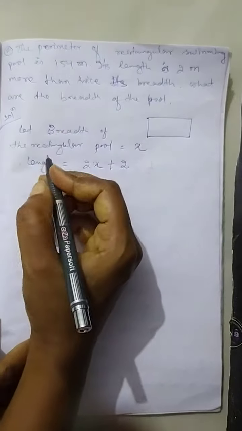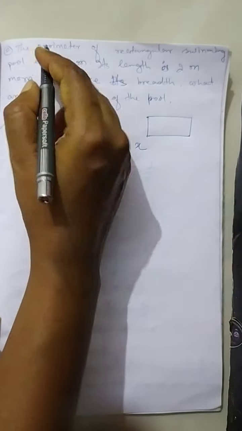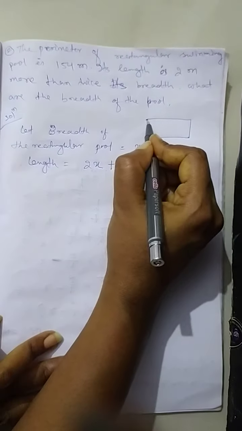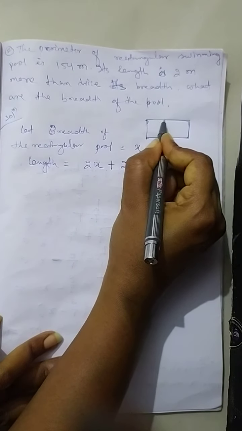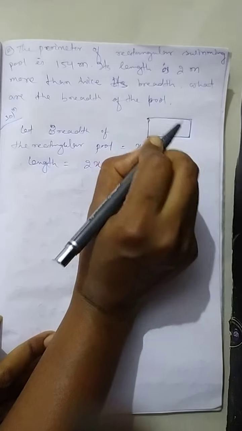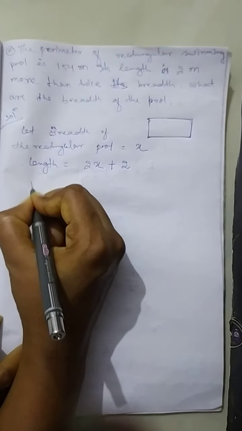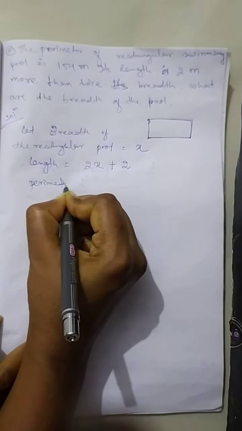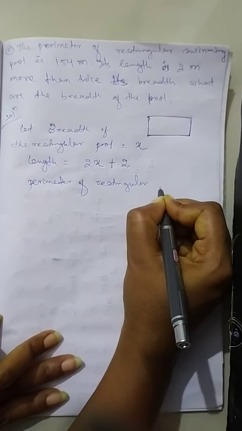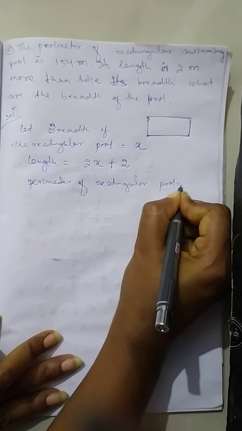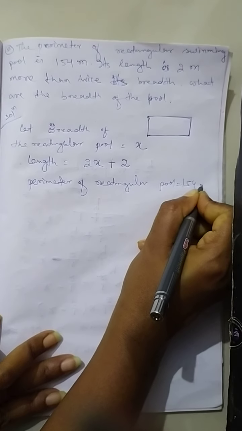So the question says the perimeter is 154, meaning the summation of all four sides, or 2 into (L plus B), equal to 154 meter.